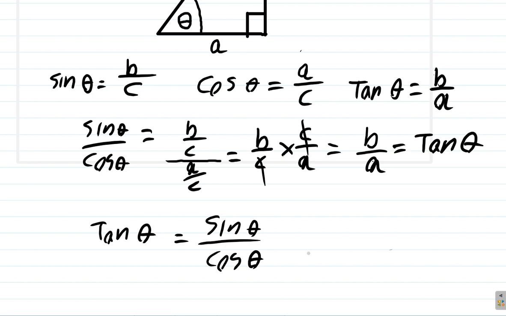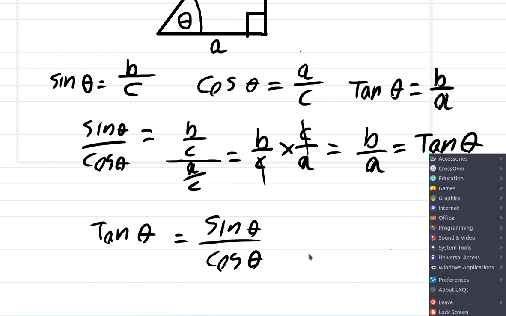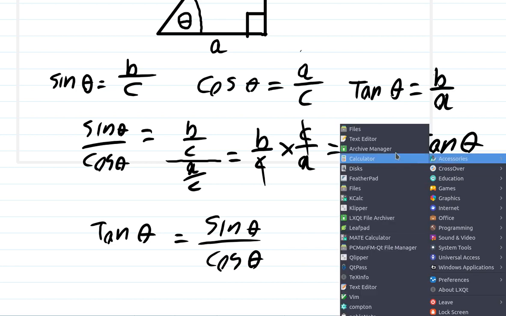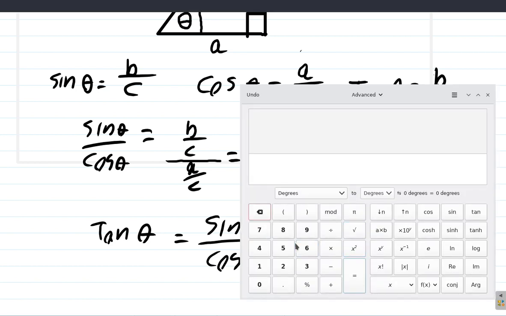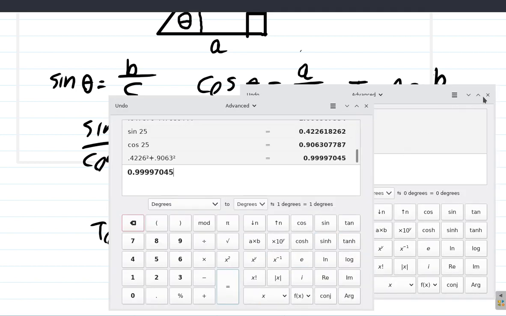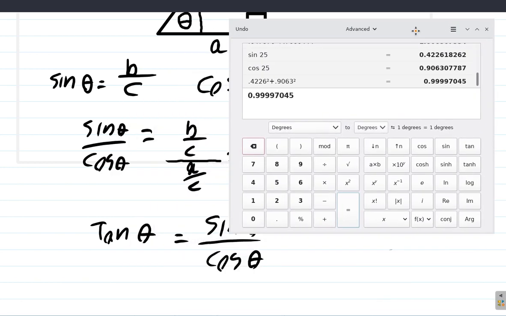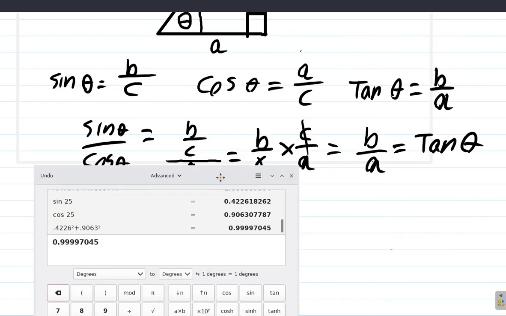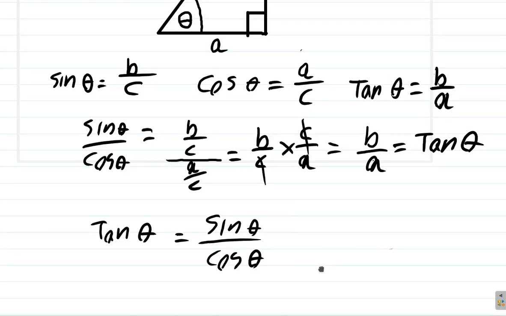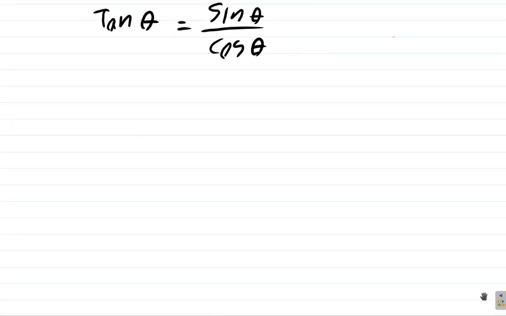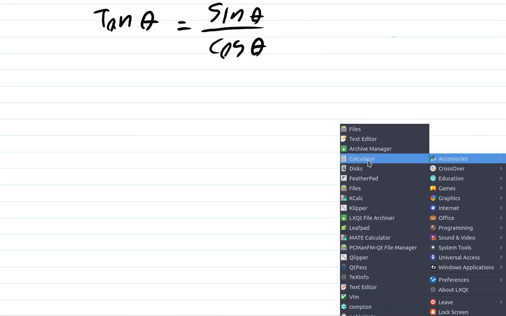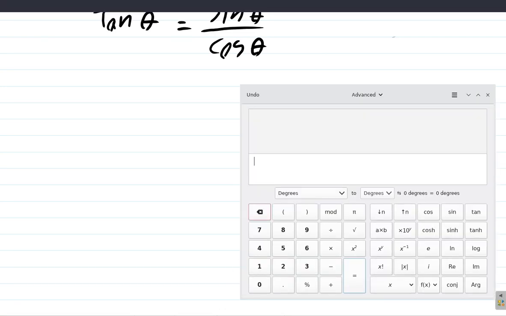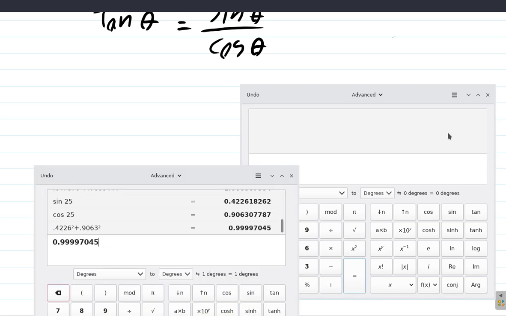We can see what happens in that case if we test this with some numbers. Alright, we want to test this with some numbers. Let's put it up here and get back to our calculator and carry out our test.